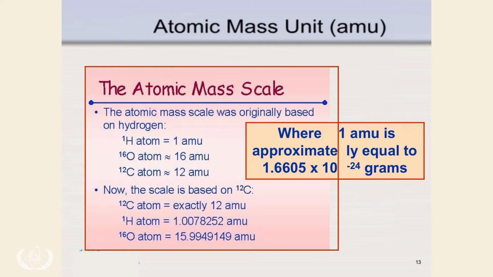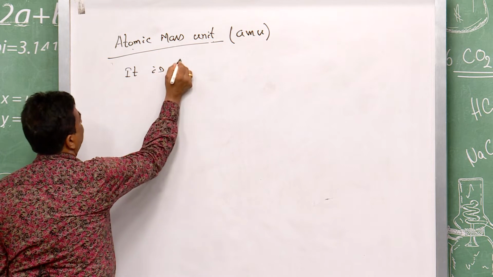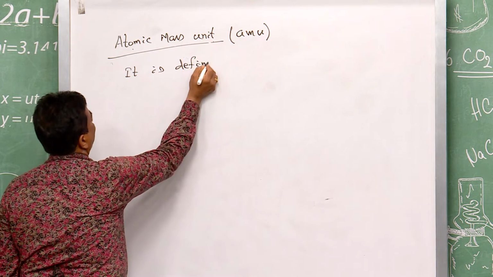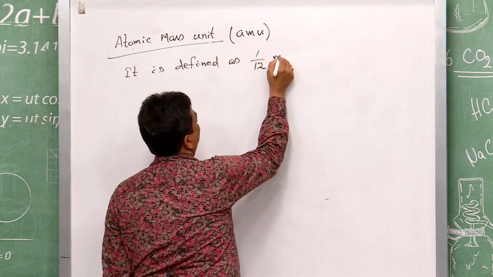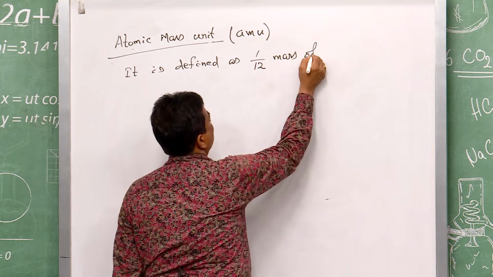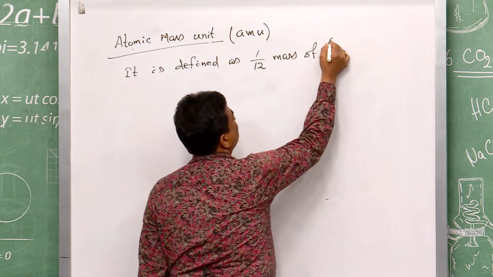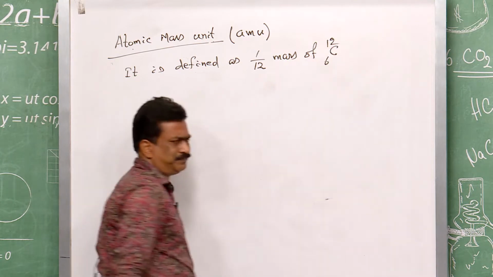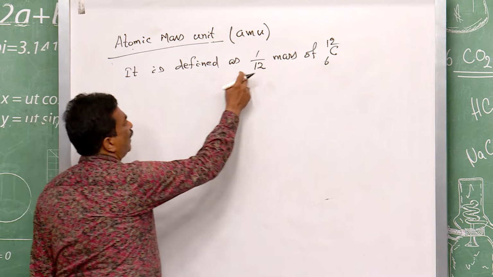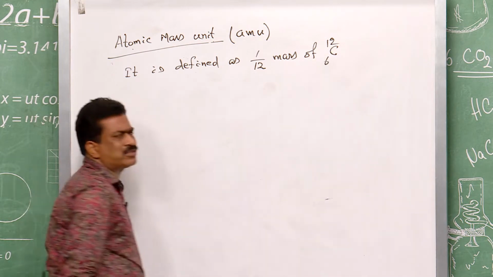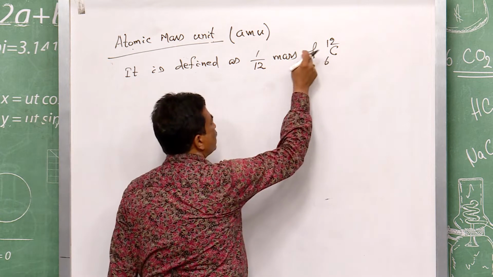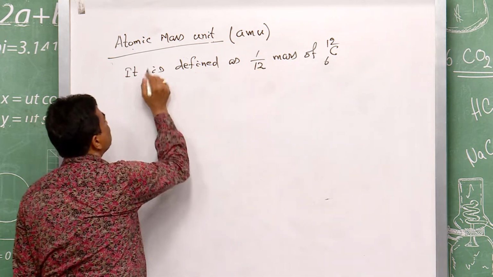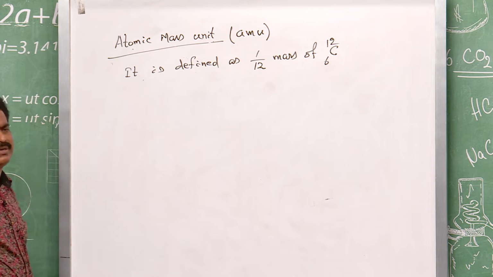This atomic mass unit is defined as 1/12 the mass of C-12. That is, carbon 6, 12, and its mass 1/12 is taken as the atomic mass unit.